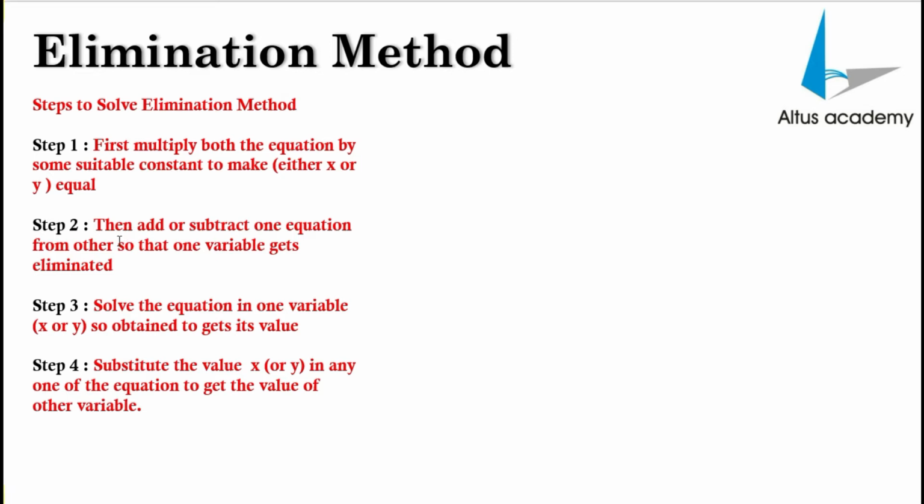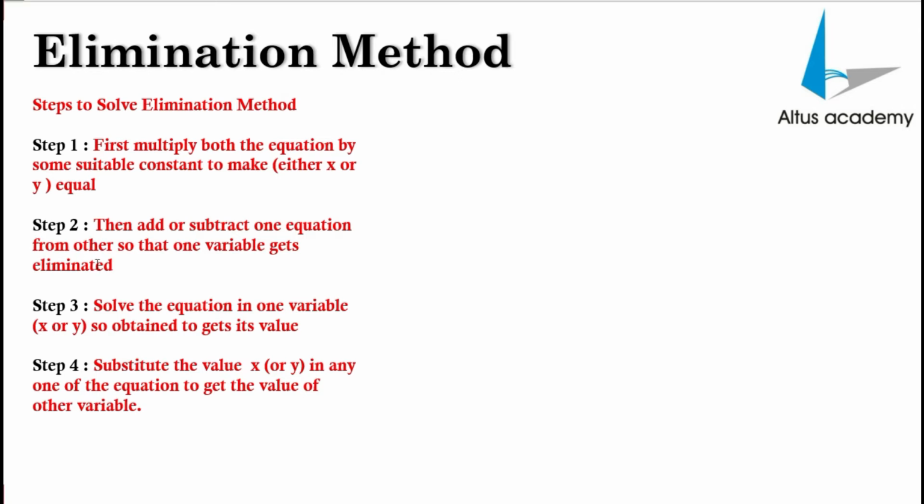Second step: after making your terms equal, that means after multiplying with a constant and getting your terms equal, you have to add or subtract both the equations, so that one of the variables gets eliminated and you remain with an equation containing only one variable.